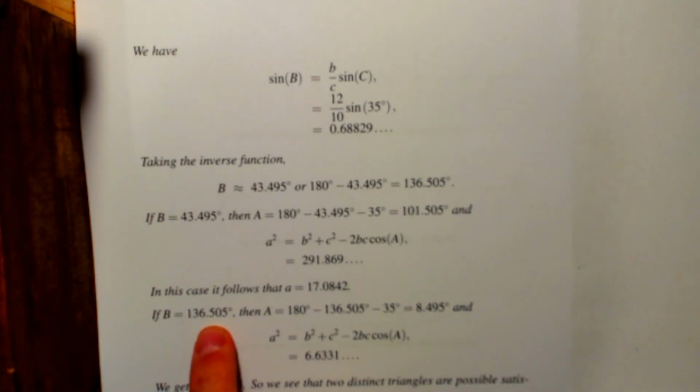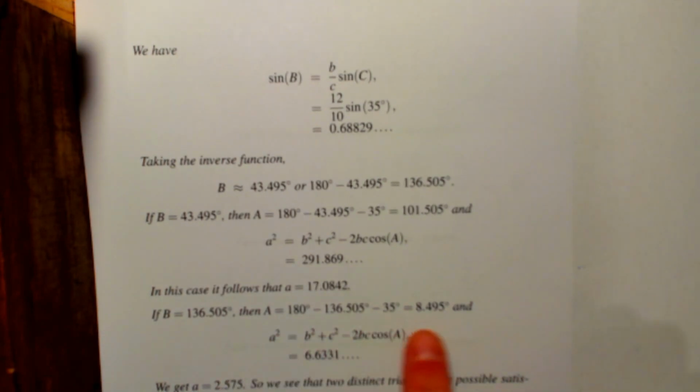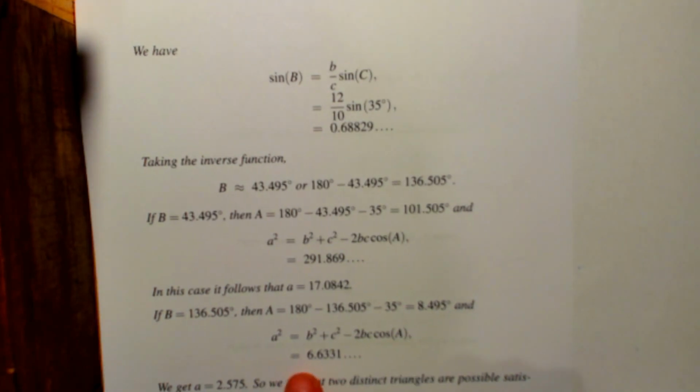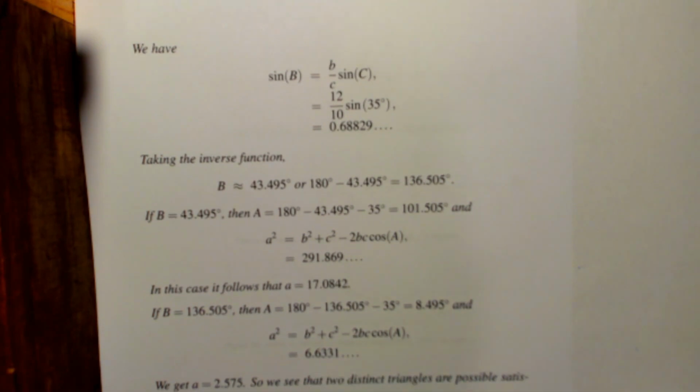Now if B is equal to 136.505 degrees, then we get 8.5 degrees or so for angle A, and side length A is then 6.631. So taking square roots gives us 2.575. Or sorry, I think I said degrees, but that's a side length.